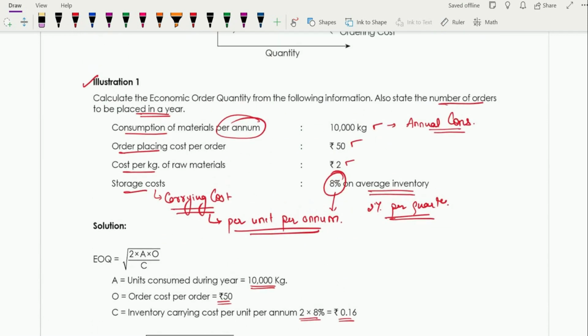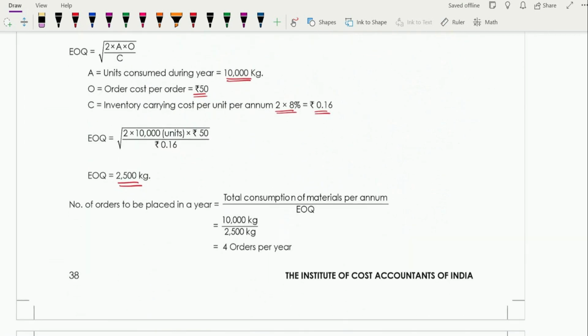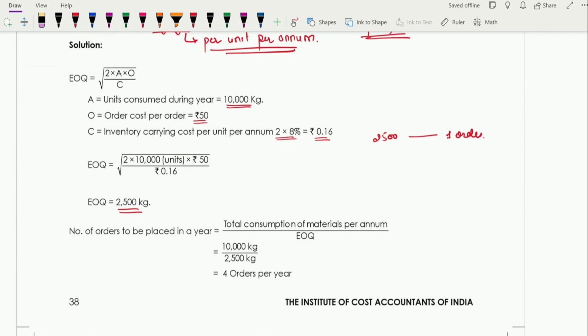Now, the second part of the question says you have to calculate how many orders you need to place. Right? So, 2500 kg in one order. And in the whole year, how much quantity do you require? You require 10,000. So, for 10,000 units, what will be the number of orders?